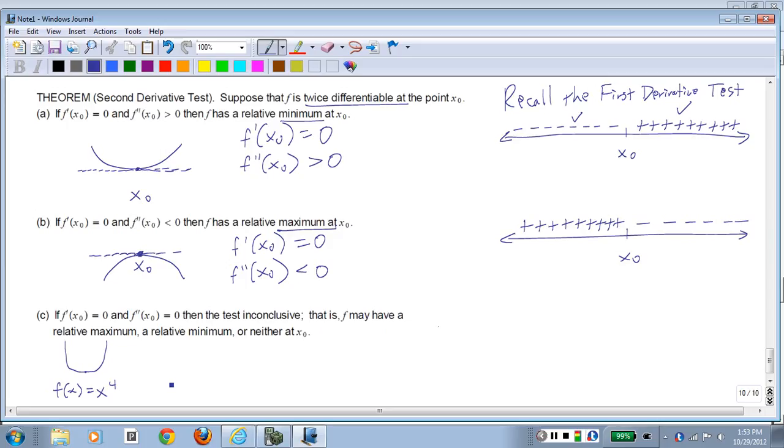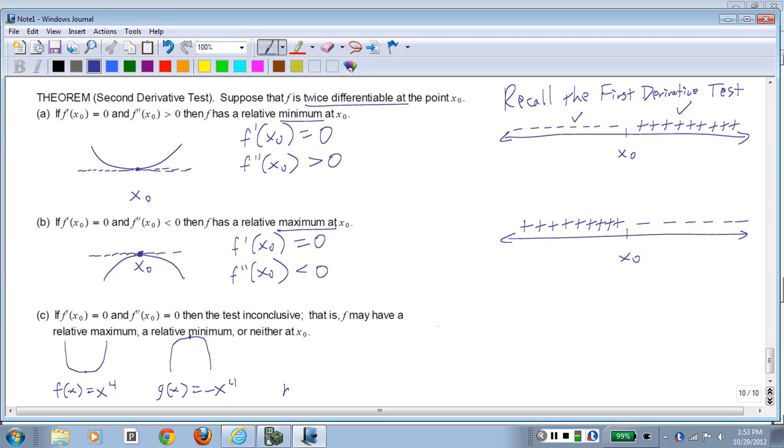Flip it upside down. Maybe g of x equals negative x to the 4th. Like that. G prime of 0 is 0, g double prime of 0 is also 0, but it does have a relative maximum.